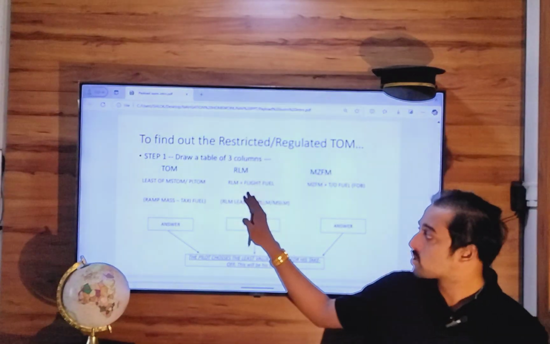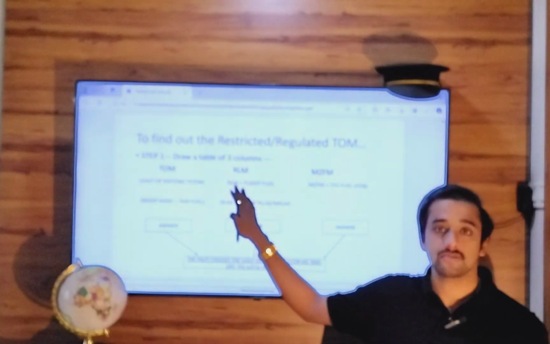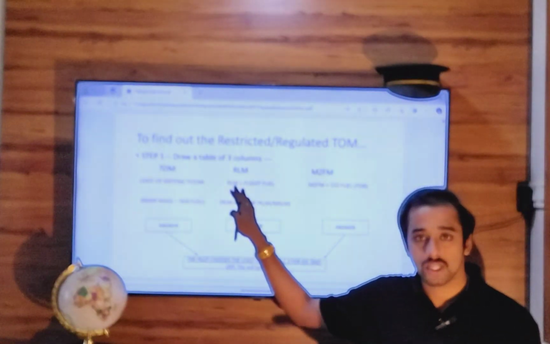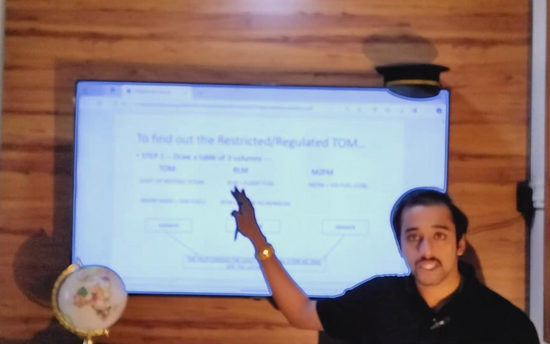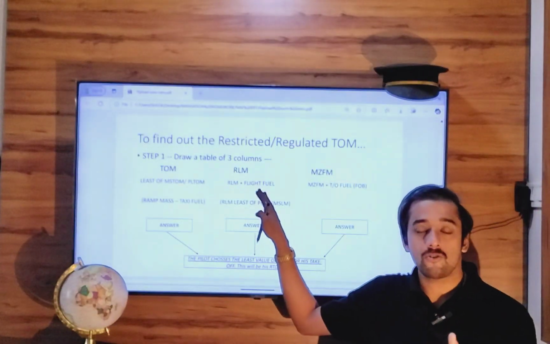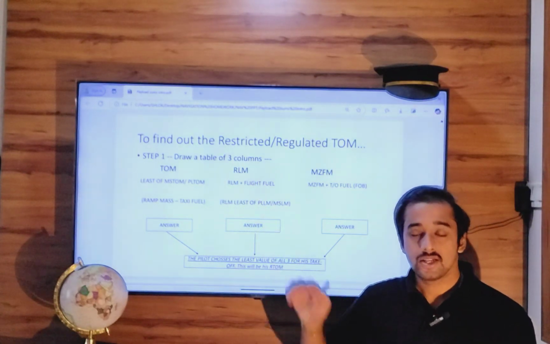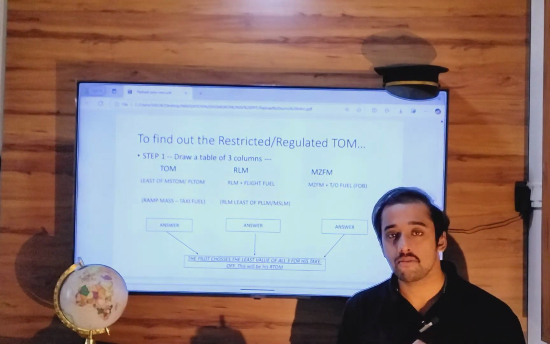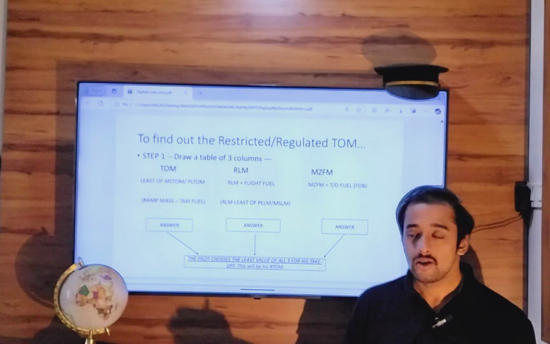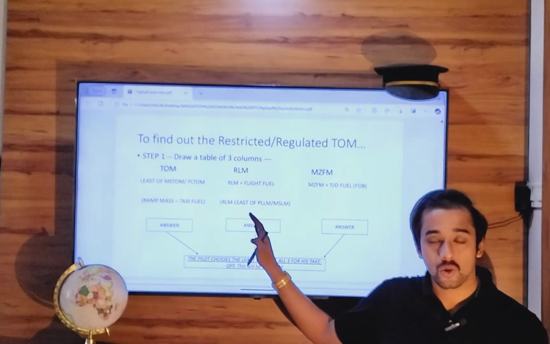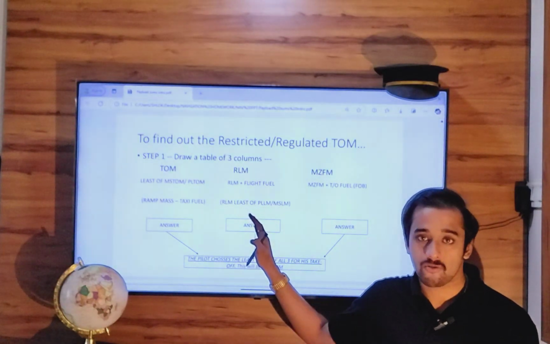In column number 2, you will first write the maximum landing mass or performance limited landing mass given in the question, and you will add trip fuel, nothing but your flight fuel, to that landing mass. So when you add trip fuel to your landing mass, you get takeoff mass. This is the second way through which you can find takeoff mass.